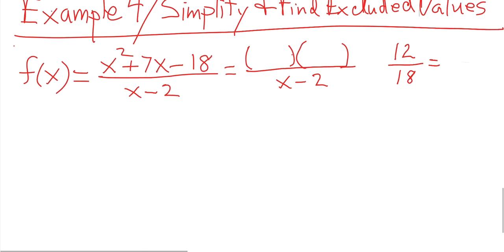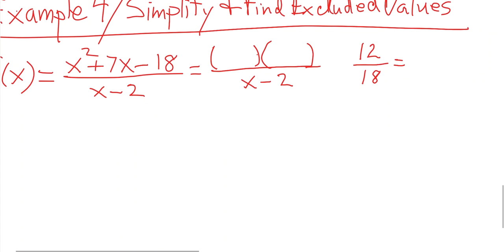So we're going to say as follows. We're going to say that this is equal to 6 times 2 divided by 6 times 3. Now notice the factors there. 6 are the same top and bottom.